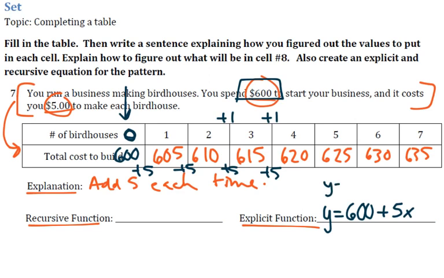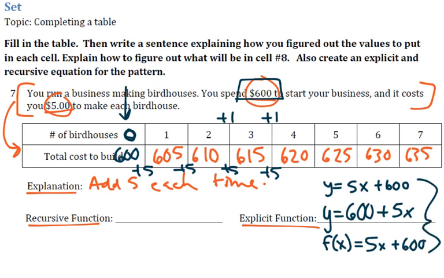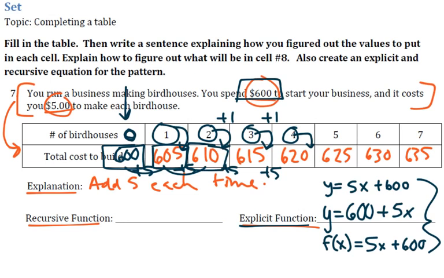Now I can rearrange that to be y equals 5x plus 600, or I can write it as f of x. We can use that as well, same thing. All three of these are the same equation, same explicit function. Now remember, explicit ties the input to the output, whereas recursive ties output to the next output.